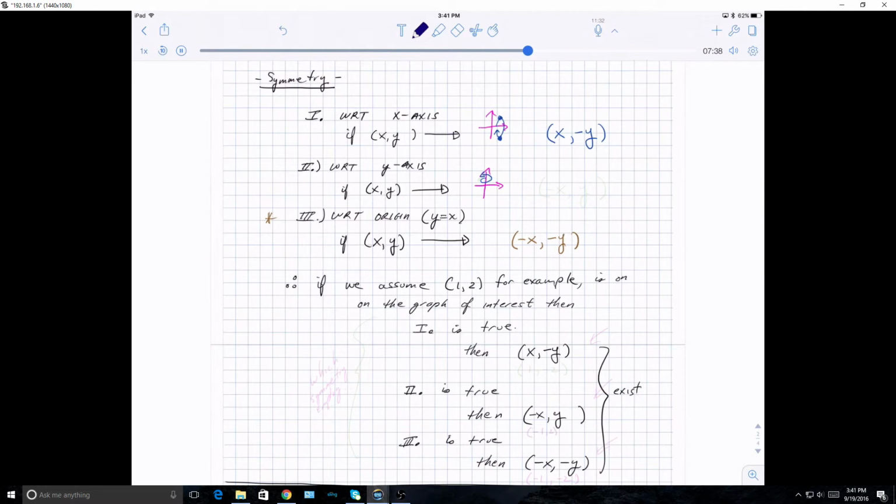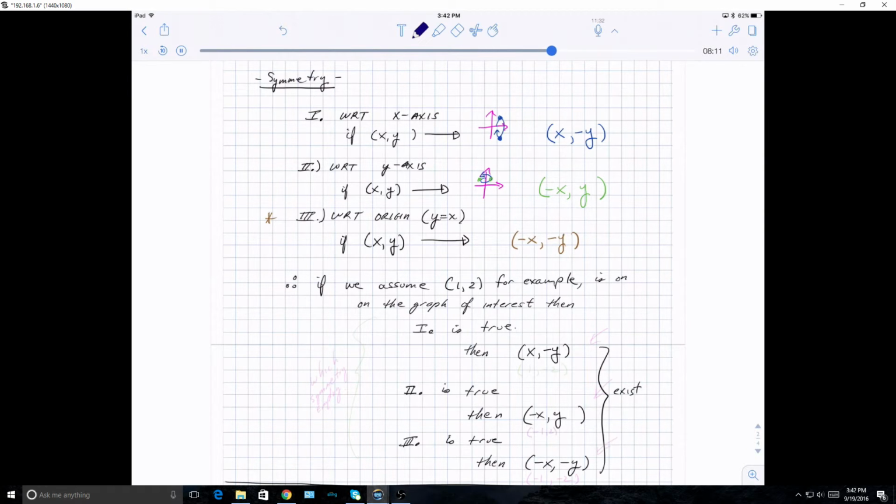And then with respect to y, now the x's will change. If one x value is on one side, then the symmetry has to exist on the other side.